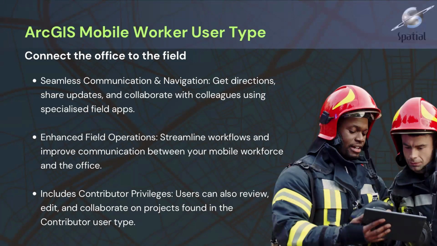The mobile worker user type is integrated with ArcGIS field applications, so they have access to specialized apps such as ArcGIS QuickCapture, ArcGIS Survey123, and ArcGIS Field Maps for optimized data collection and workflow management.